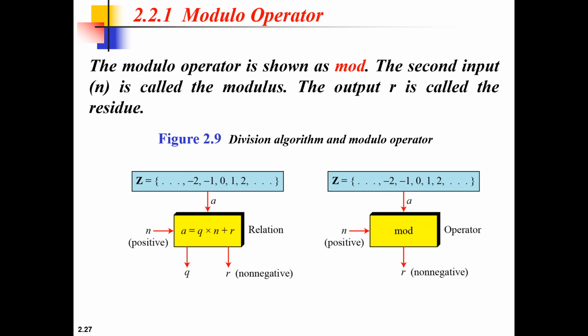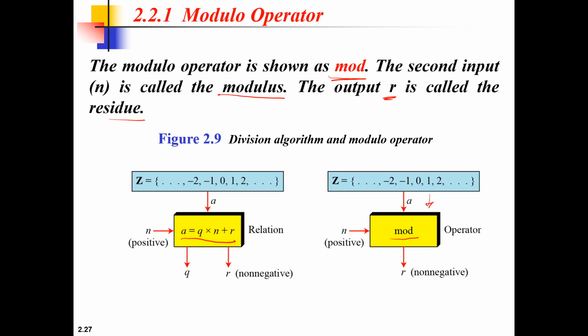The modulo operator is called mod. The second input, that is mod n which you write, is called the modulus, and the output r is called the residue. Normally we are interested in the output r. This is the relation we have studied till now, up to the extended and normal Euclidean algorithm. This entire equation gets replaced by mod.